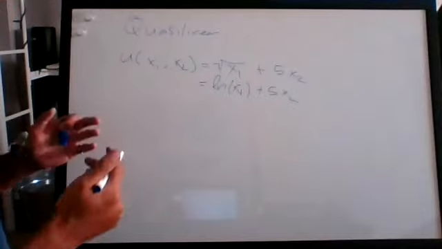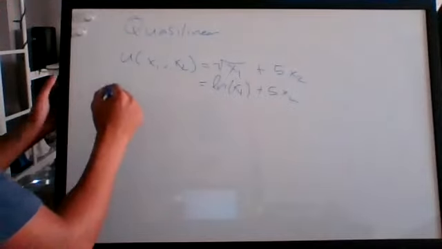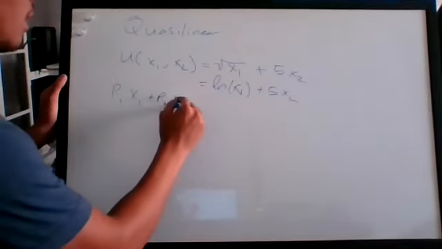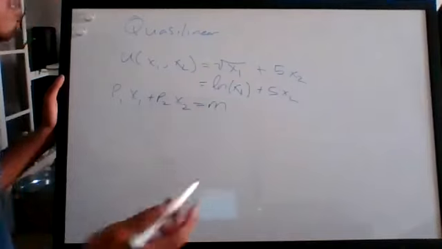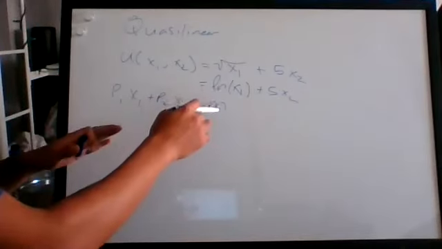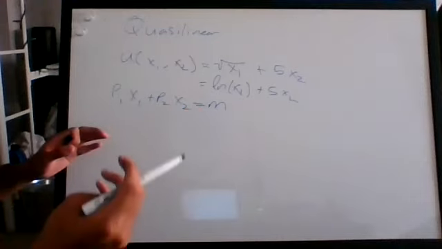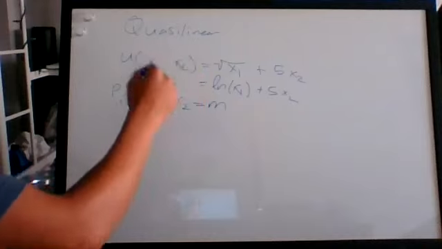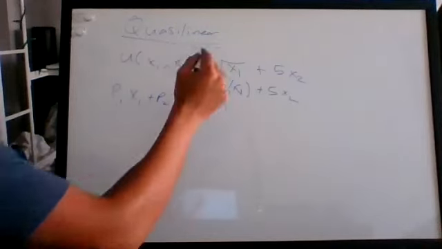The way that you would go about solving one of these, so say that we have a budget constraint P1 x1 plus P2 x2 is equal to m, right? And we're going to actually leave it in general terms for now, okay? What we're going to do is we're going to find the MRS of this quasi-linear, right?